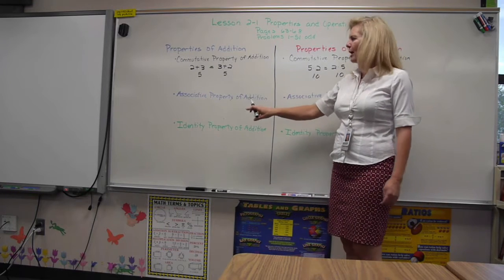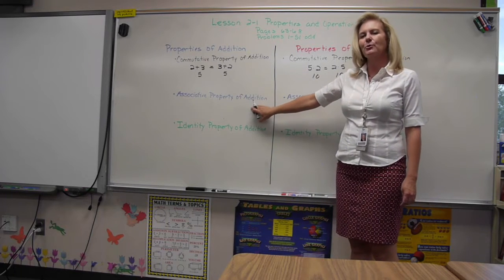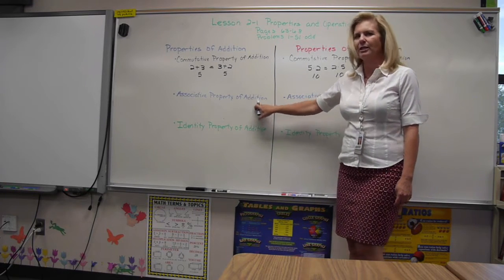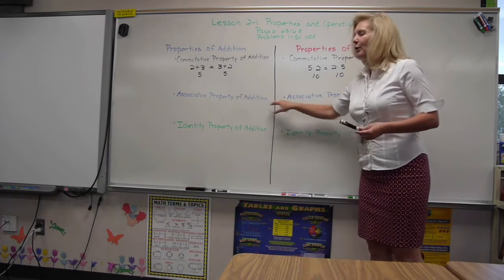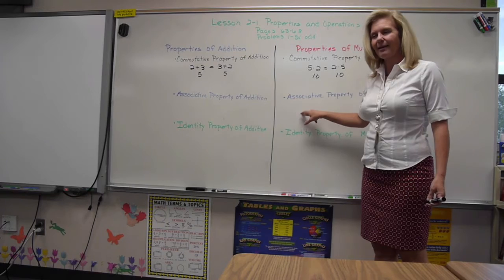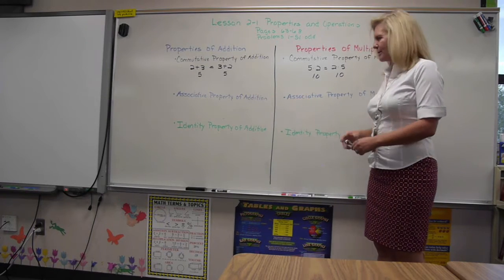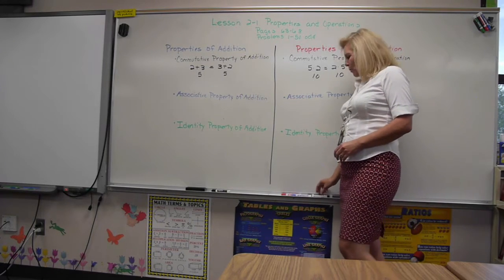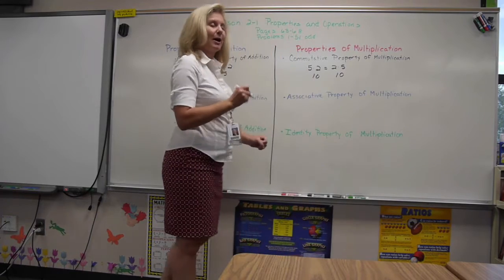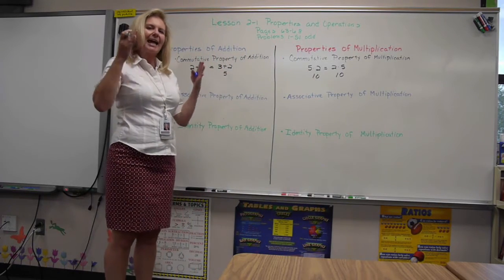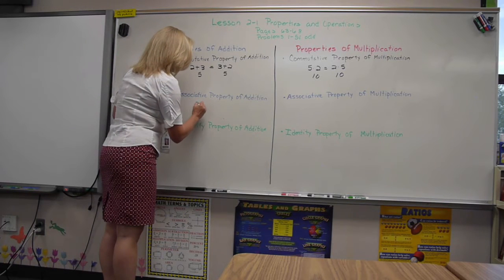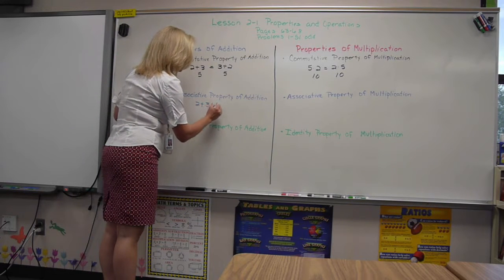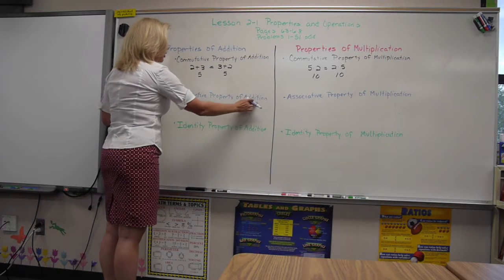The second property I want to look at is called the associative property of addition and the associative property of multiplication. And again, they're basically the same thing, it's just one is with addition and one is with multiplication. Now, the way that you can remember the associative property is it has to have at least 3 numbers. So if I have 2 plus 3 plus 4, notice there's always addition.